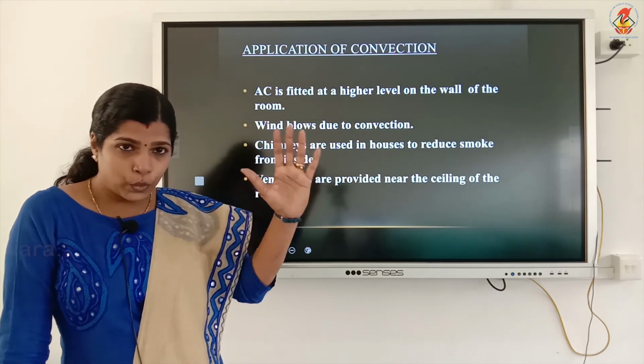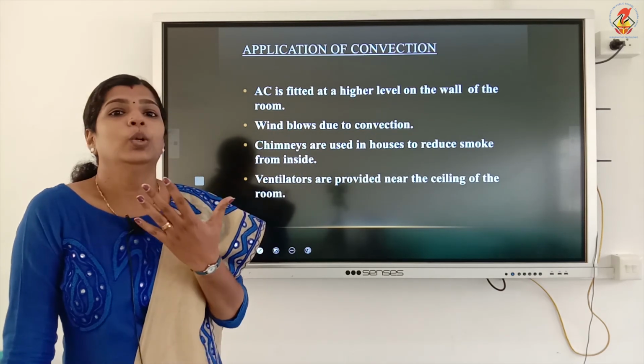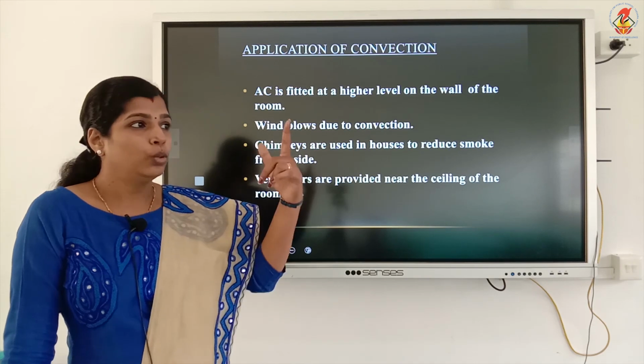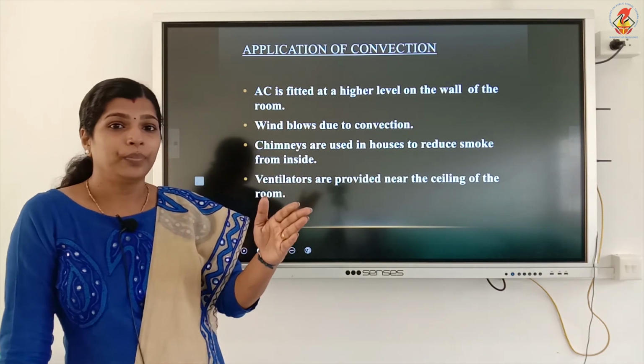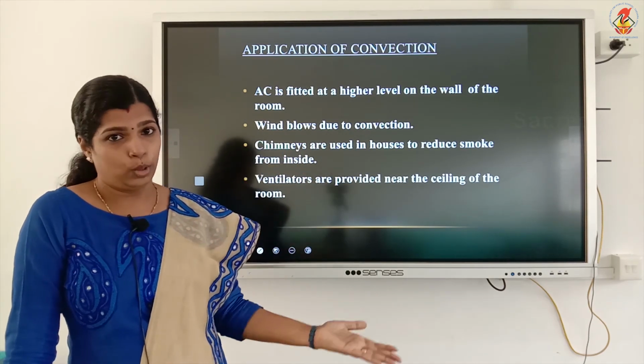Cool fresh air will get into the room through the ventilators, through the windows and the doors.